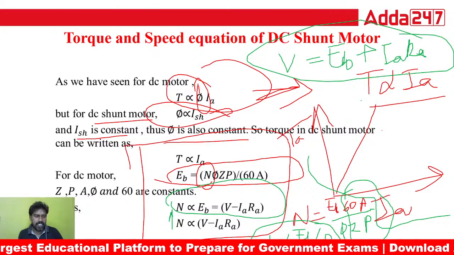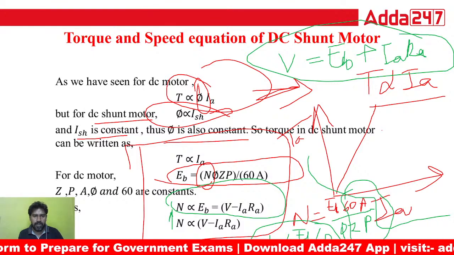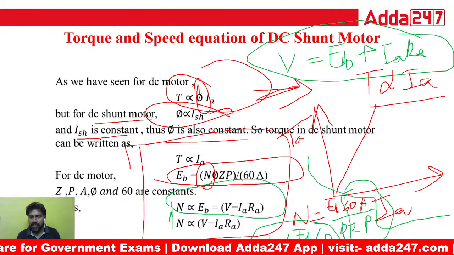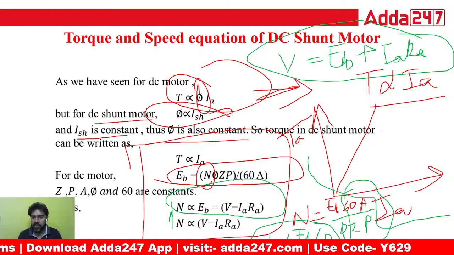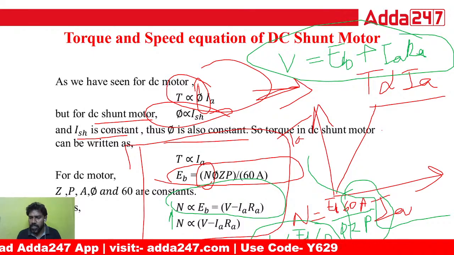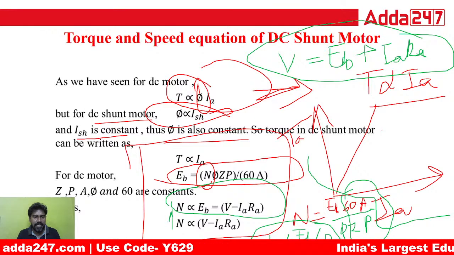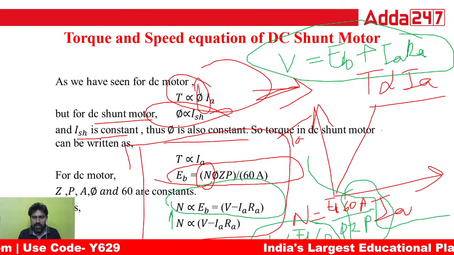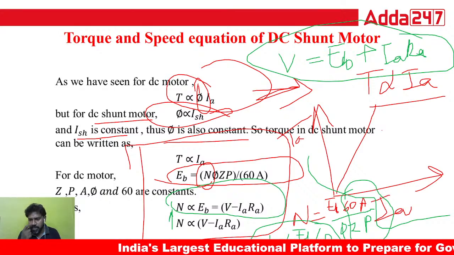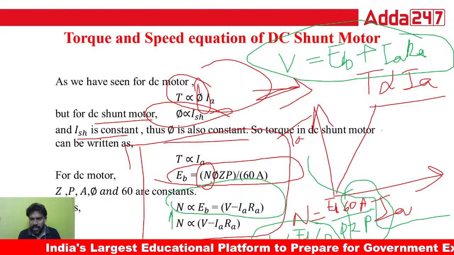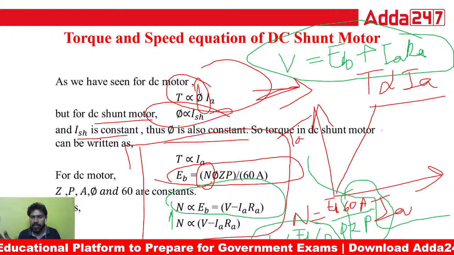It depends on the number of equations you know. If you know the equations, it is easy to draw the characteristics. If you don't know the equations, we are unable to draw the exact characteristics. That is why you must focus on the equations related to the machine.